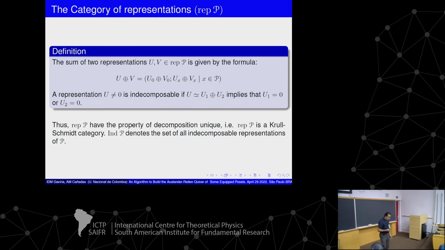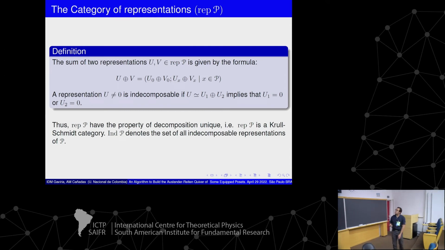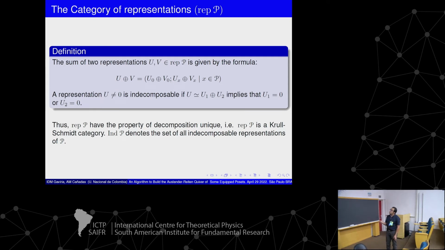In this category, we can define the sum of representations in a natural way. You have two representations here, U and V. You can do the sum, which is the sum of the main spaces, U sub 0 and V sub 0, and for each point, you can do the sum of the corresponding vector spaces associated here.